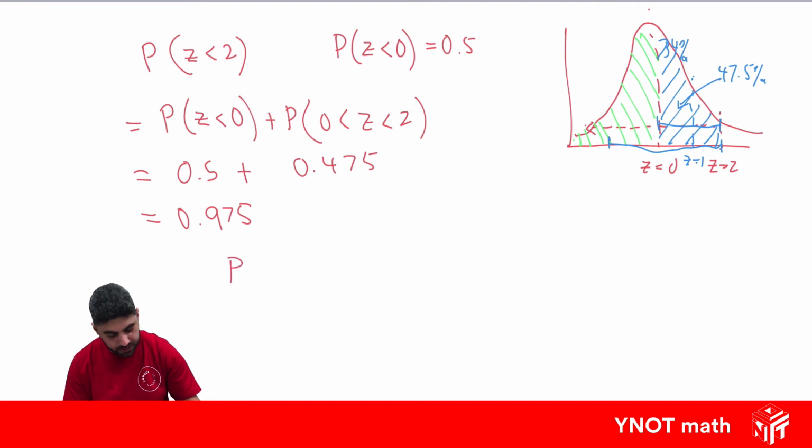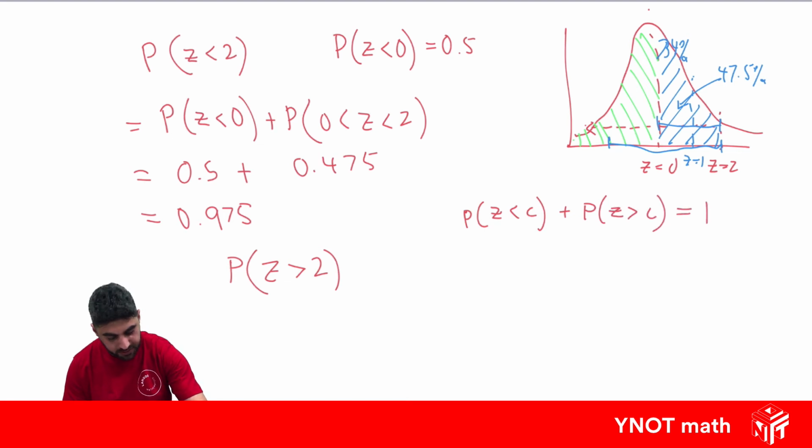Now, what's the probability that z is going to be greater than 2? Well, don't forget about our property that if we have the probability that z is less than some number plus the probability that the z-score is greater than some number, it equals 1.